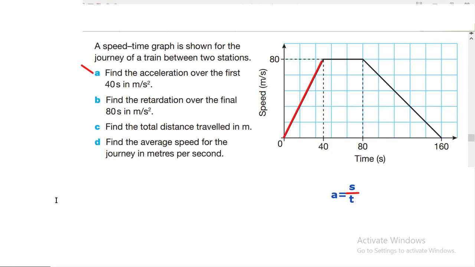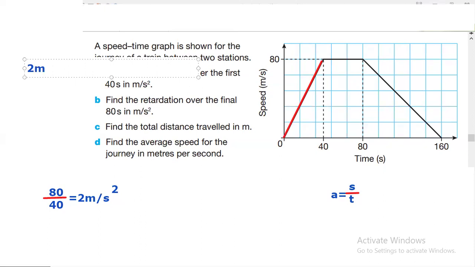So I have to divide 80 by 40. And the answer is 2 meters per second square. So this way, I found the acceleration over the first 40 seconds. I'll write it here. This is the first answer, 2 meters per second square.